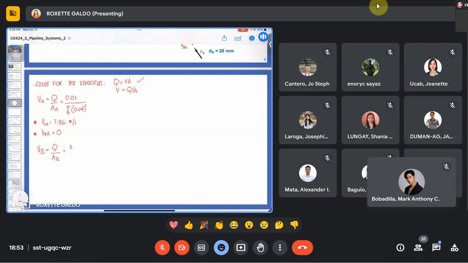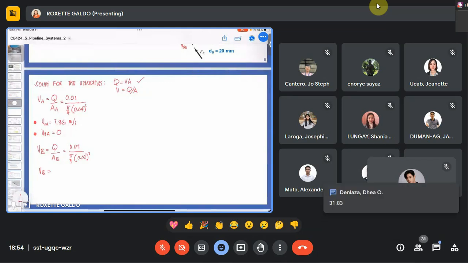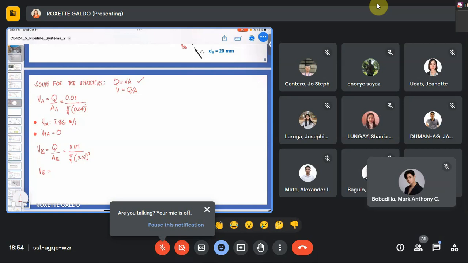Q is still 0.01 and the area of pipe B is equal to pi over 4 times the diameter, 0.02, or 20 millimeters. Therefore, VB is 31.83.